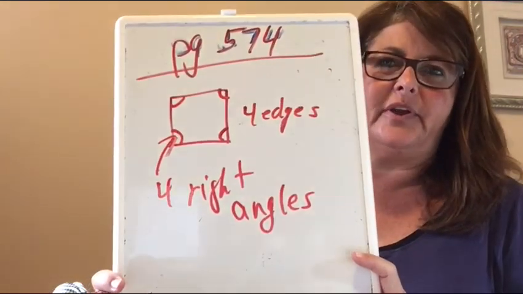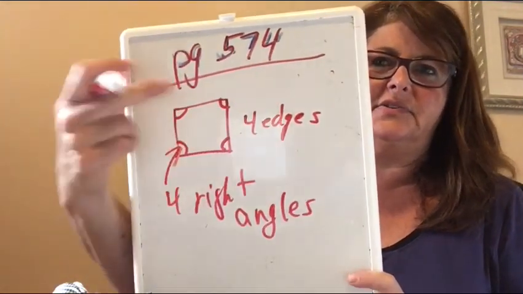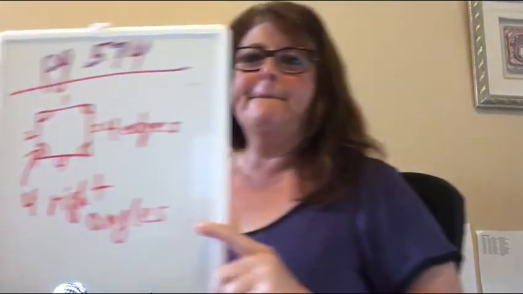When you look at a flat square, not a cube, well, it can be a cube, but when you look at the flat part of this, you have 4 edges, which are the sides. You have 4 sides, 1, 2, 3, 4. You have 4 edges and 4 right angles.